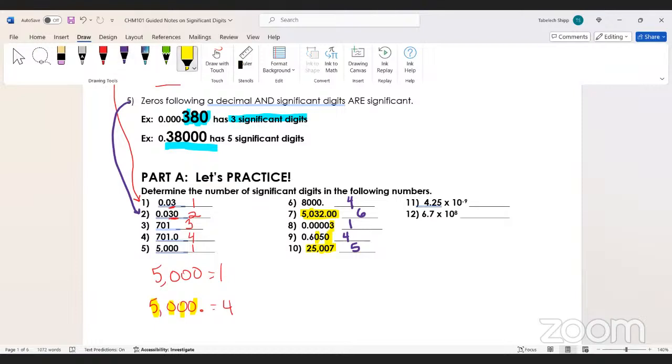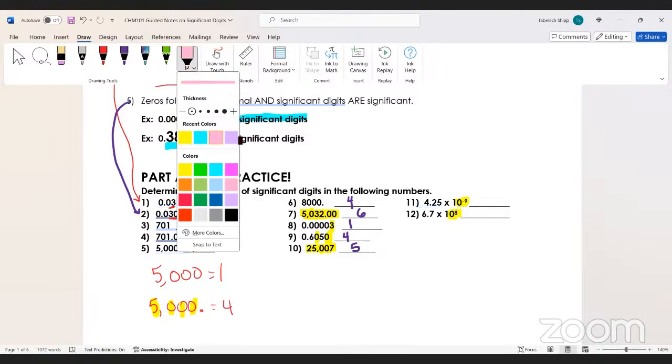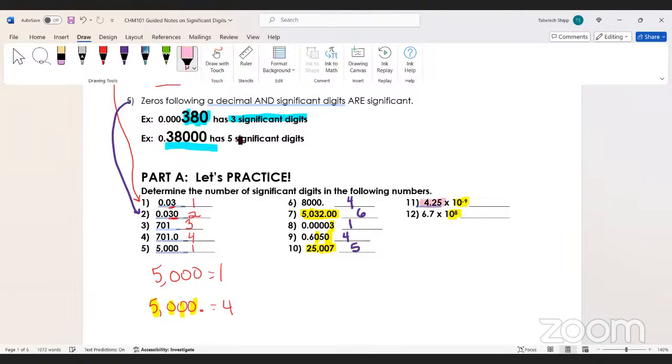We don't concern ourselves with the exponents here, but what we do need to look at is the base number. So whatever the base is, the 4.25, that's what you go by. 6.7, that's what you go by. So in 4.25, we have 3 significant digits. And the number 12, 6.7, we have 2 significant digits.